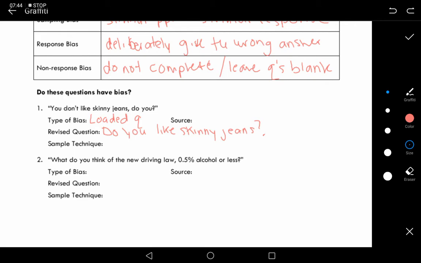They might deliberately give you the wrong answer, maybe because you don't want me to know that you have an opinion on this. So there's a possible response bias here. Other than that, it's not an awful question.